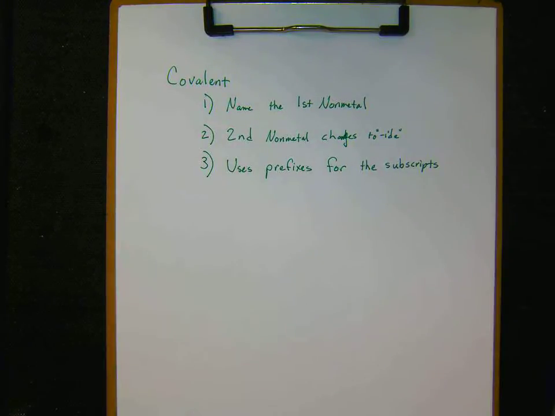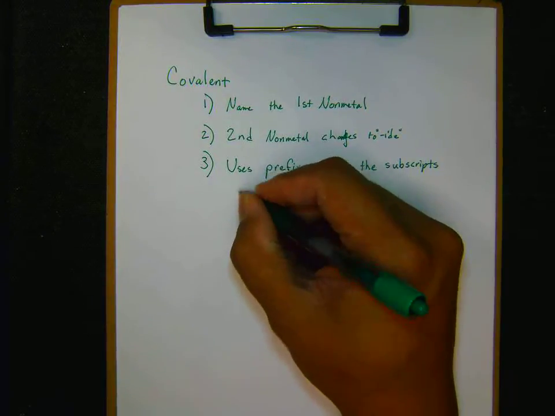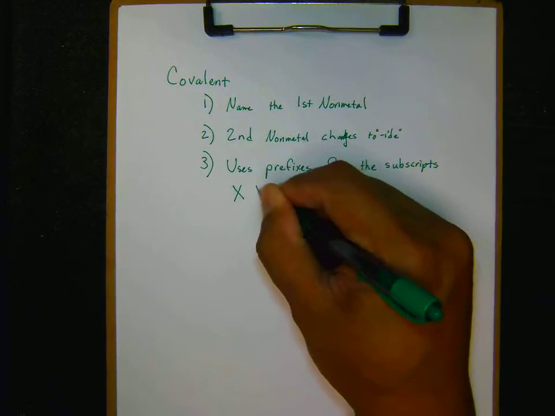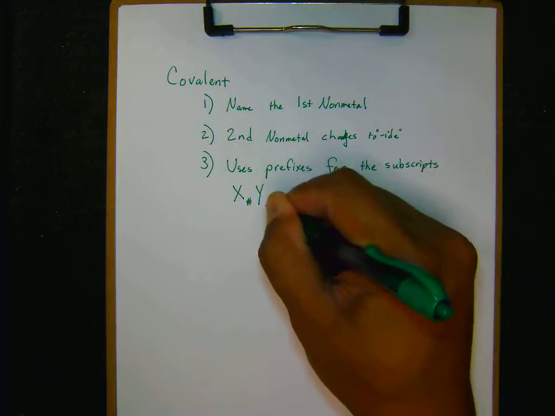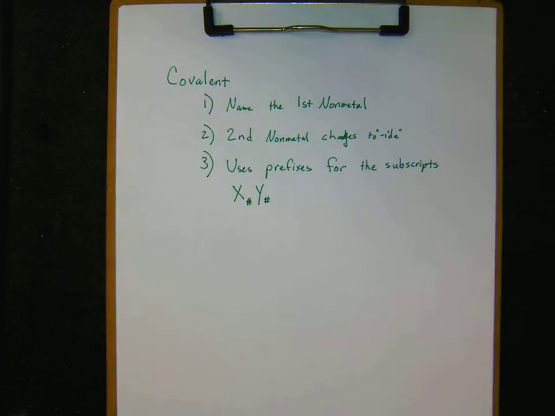So, with the little numbers on the bottom, with covalent, we recognize them and we put them into the name. Okay? So the subscripts, for example, if I had X and Y, right, the subscripts I'm looking at happen down here, those numbers. Okay? Those are the subscripts.